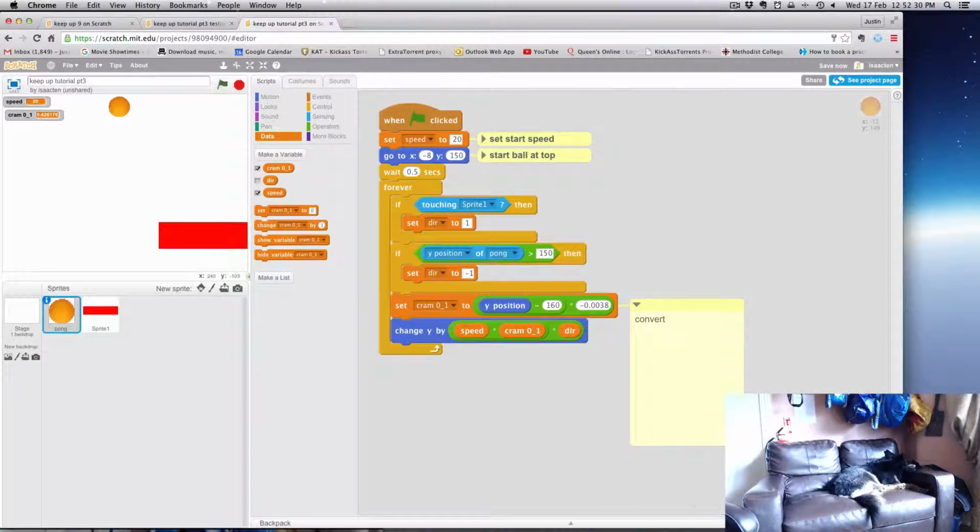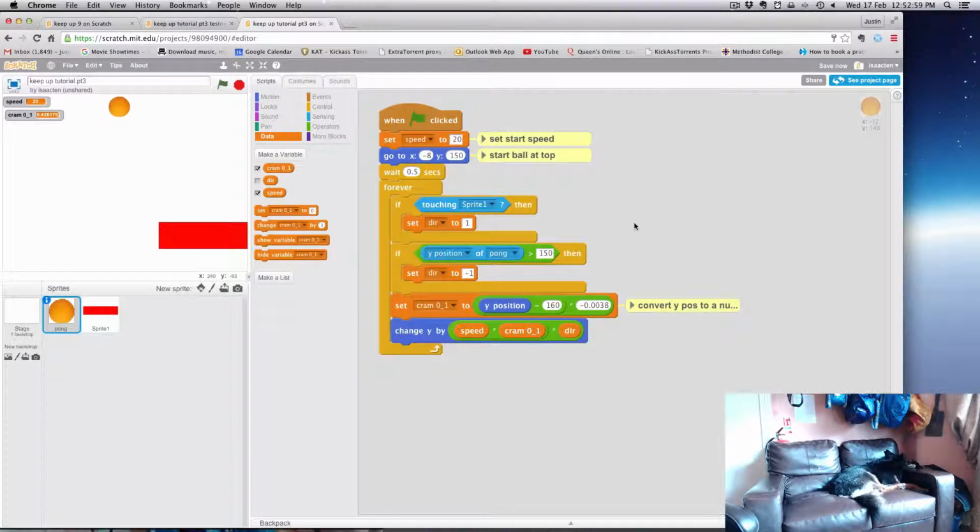I can say 0/1. That's more clear. Good job, rocking the underscores. All right, so that's what that whole bit of code does.